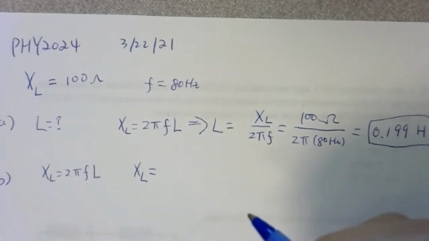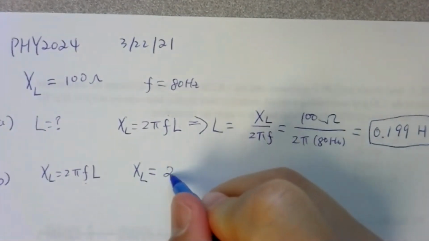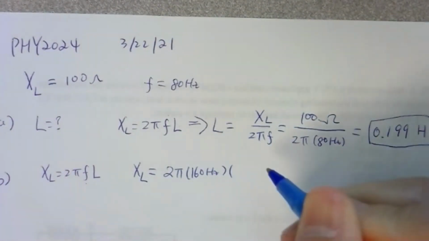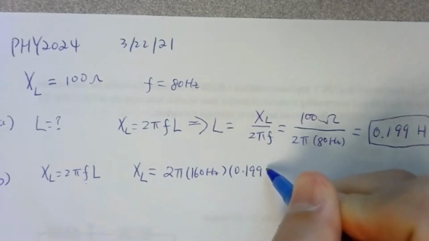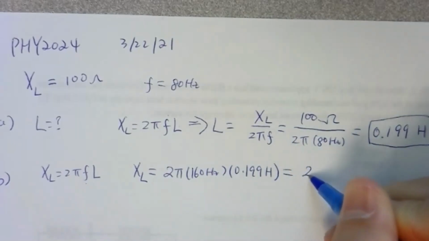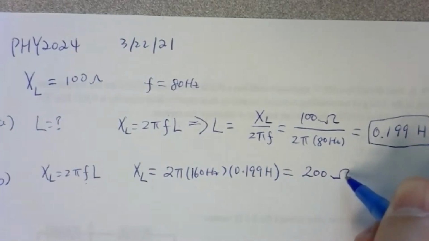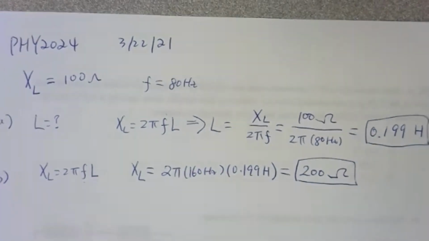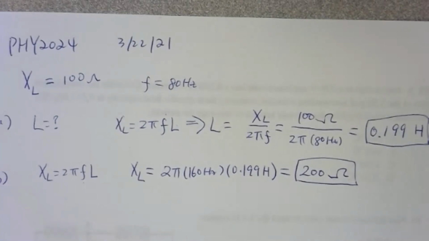It will be 200 ohms, but we can still calculate it: 2 pi times 160 hertz times 0.199 henries gives you 200 ohms of reactance. So as you can see, with a different frequency, your reactance will be different. Inductive reactance is proportional to frequency. Any questions you guys might have?